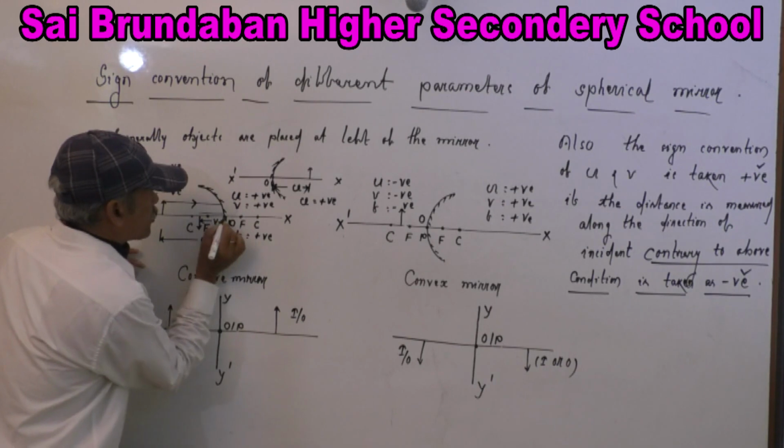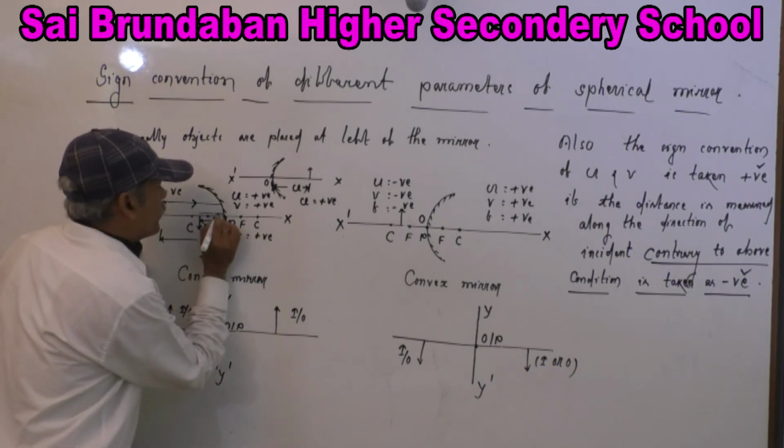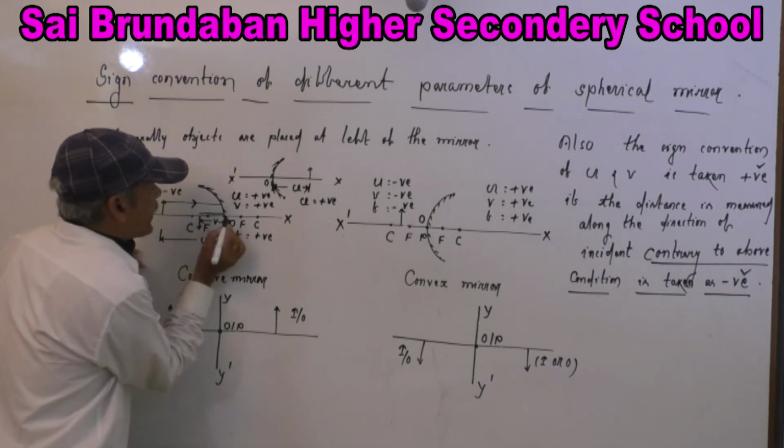So we measure the length from the pole to the image point contrary to the direction of incident ray. Contrary means opposite.